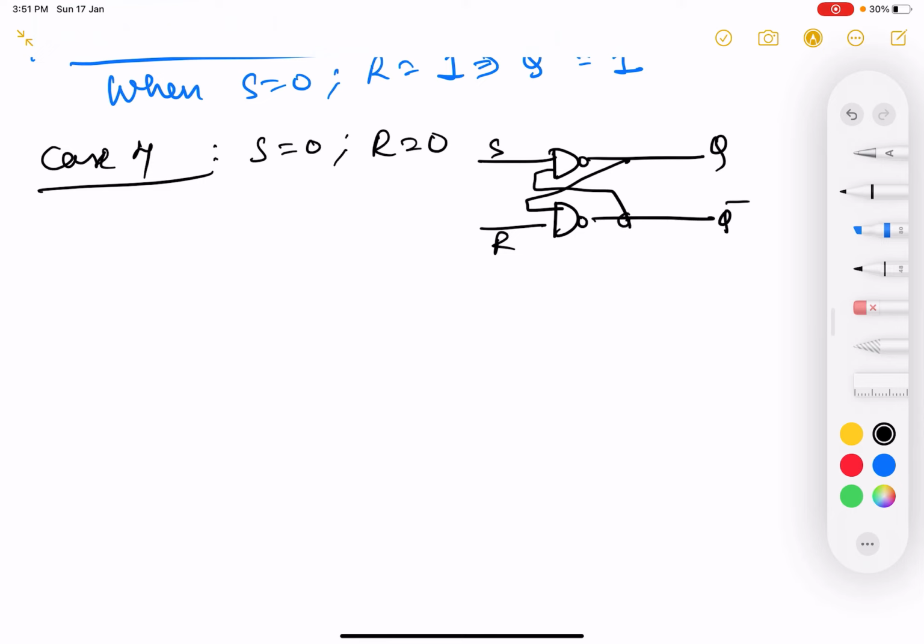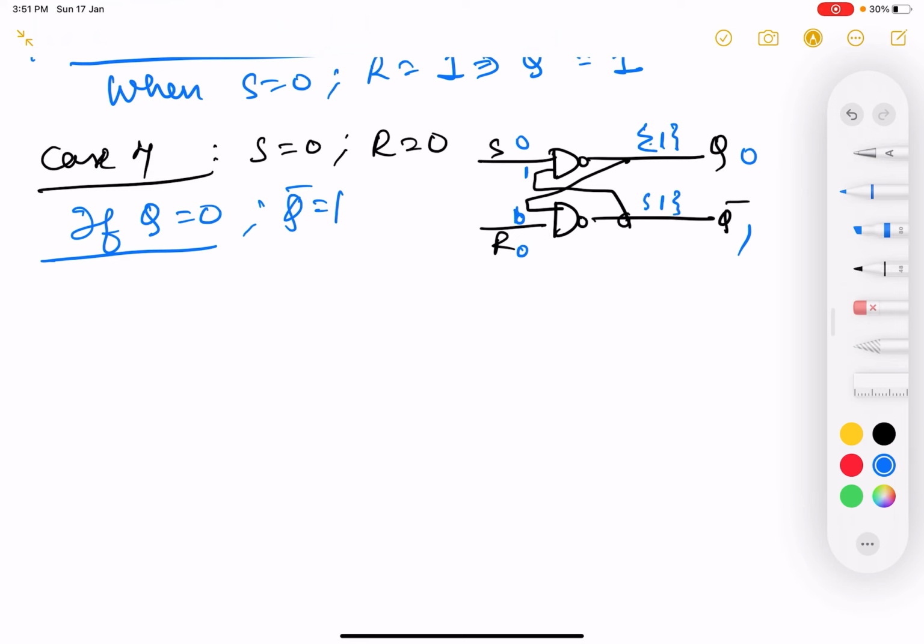Now if we assume initially Q is 0, that is Q bar will be 1. We are applying S equal to 0, R equal to 0, Q is 0, Q bar is 1. This 0 will come over here, this one will go over there. When 0 and 1 is applied, the output is 1. And again 0 and 1 is applied, the output is 1. Now this one will come over here, and this one is already going there. When 0 and 1 is applied, the output is 1. When 1 and 0 is applied, again the output is 1.